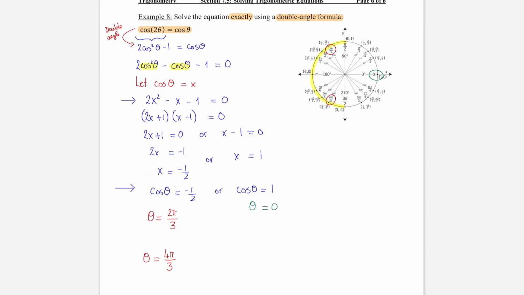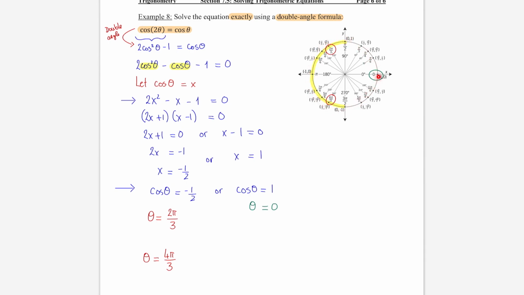So if theta is in between 0 and 2 pi, I will have 3 different solutions. However, they did not mention it here. That means theta is in the set of all real numbers. That means the solution will repeat after every 2 pi. For example, cosine of 0 is 1.